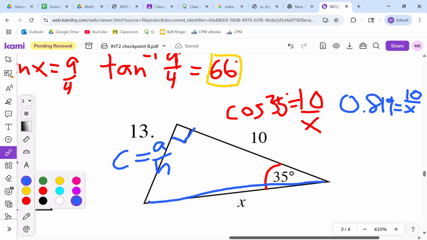All right, so what does this mean? Well, I'm going to have to do some multiplying. So that means I have to multiply both sides by x, for example, and I have to divide both sides by 0.819. And after rearranging those things, I get x equals 10 divided by 0.819. And again, I need a calculator for that.